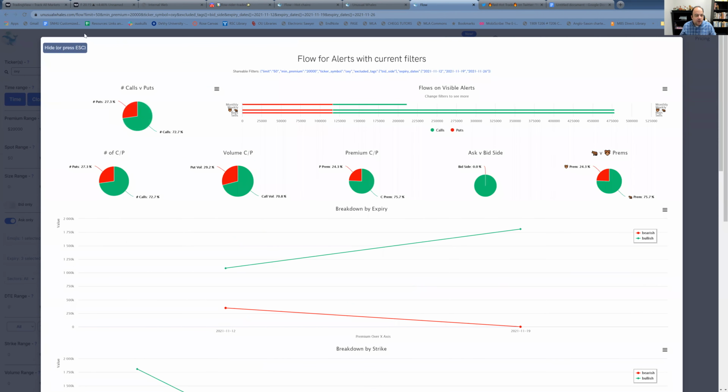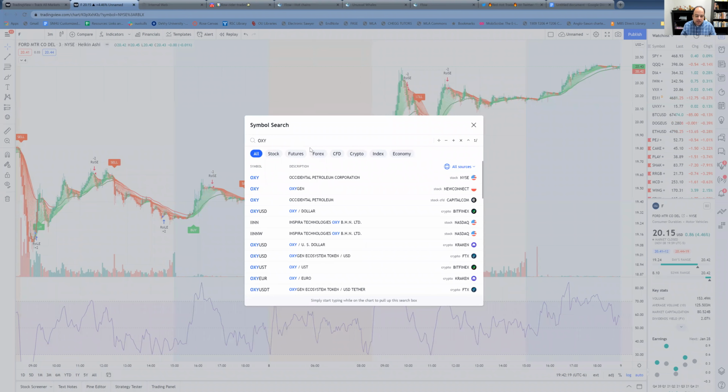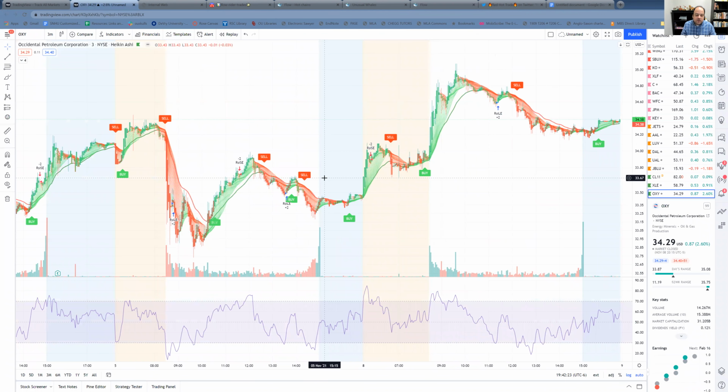So like if I were to go into the chart and I'm thinking about tomorrow, is Oxy going to give me a good entry? You can see that it spiked during the day, and then it started to sell off. Had some decent volume to start the after hours activity, went up a little bit, and that's fine.